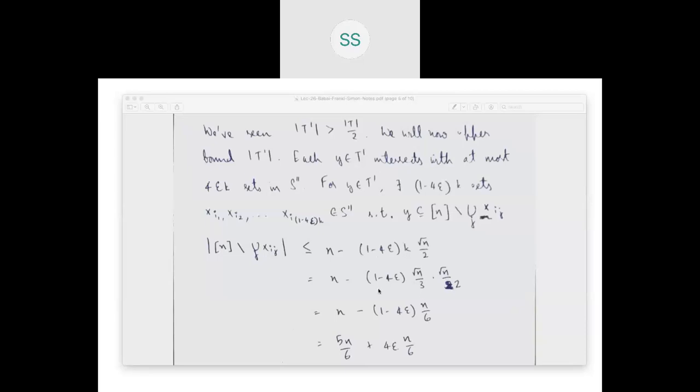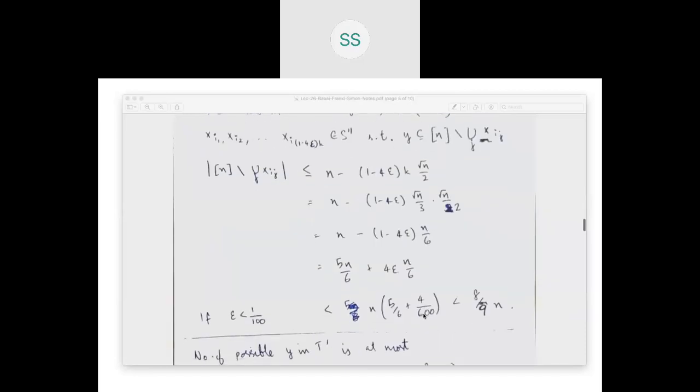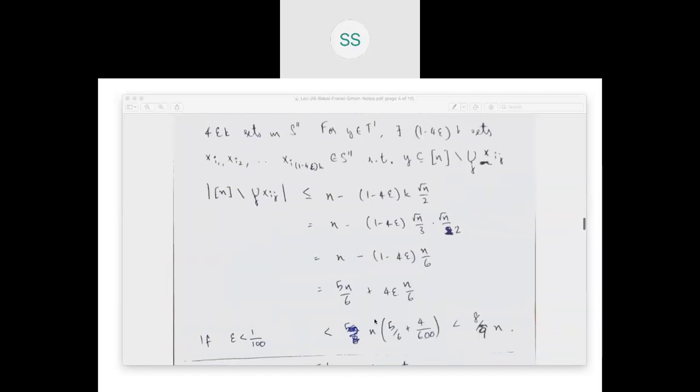So together we have 1 minus 4 epsilon times n by 6 elements spanned by these sets. So the remaining elements in the universe is what is available to choose for y, because y is disjoint with that. So the remaining is n minus this, and if you simplify, you get 5n by 6 plus 4 epsilon times n by 6.